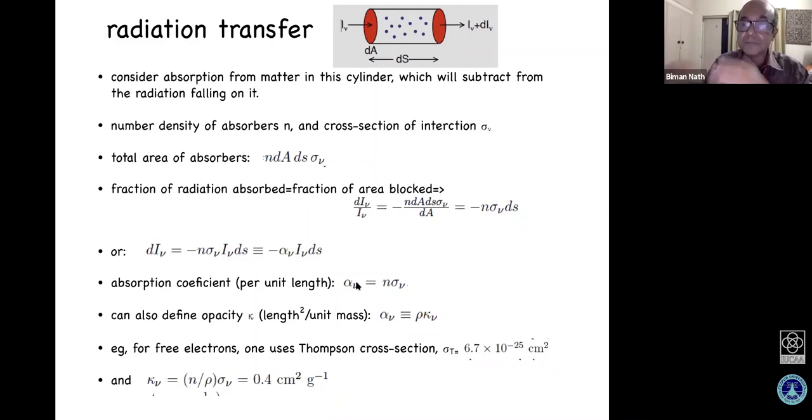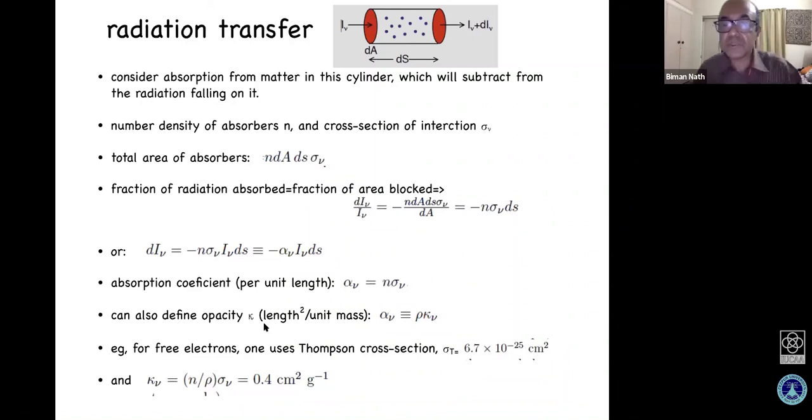So this will have the dimension of per unit length. I can also define something called opacity, which is how I'm going to write opacity: this absorption coefficient is then written in terms of this kappa nu, and rho is the mass density. And then kappa nu will have the dimensions of length squared per unit mass.